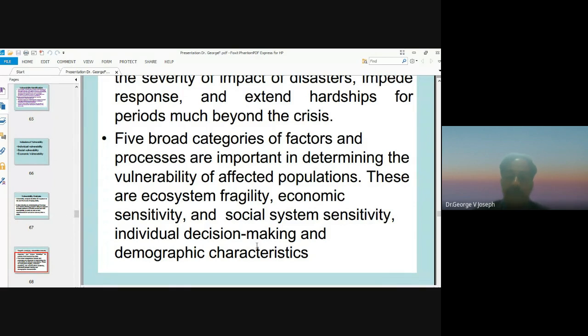So we need to understand how economic fragility, ecosystem fragility, social system fragility, and these cycles of support are getting affected, and how individual decision making is getting affected. During a disaster, people are not able to think normally, because there is a lot of trauma, stress, and psychological problems. How people are affected by these external stresses also needs to be understood.